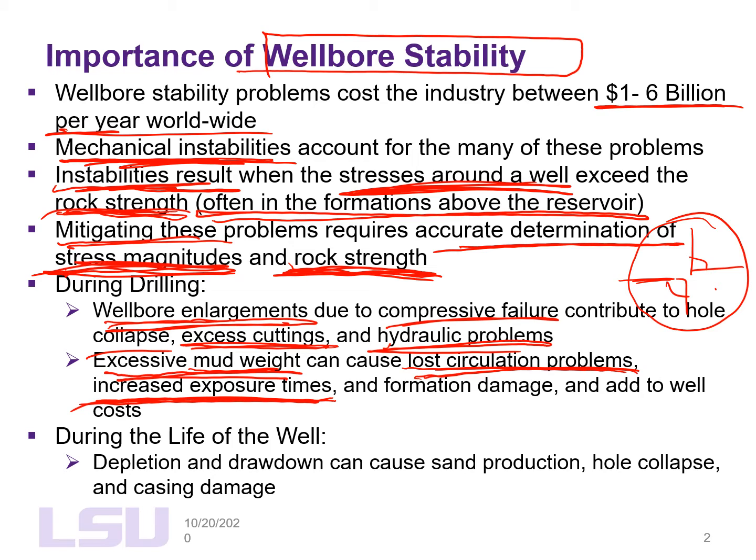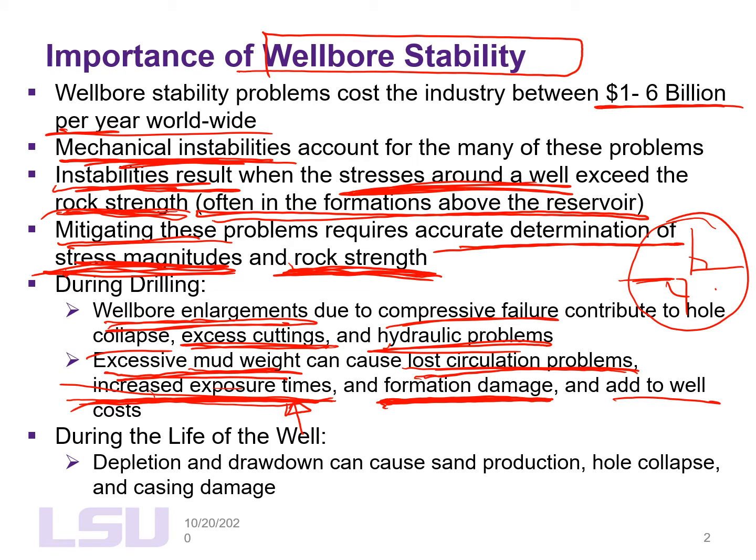Because the fluid keeps jetting against the formation while you are at the same depth, and the hole enlarges, and that could give you serious completions and drilling problems. When you have increased exposure times, the drilling fluid leaks into the formation, and that can lead to formation damage, right? Because it basically blocks the pores right by the well sand face, and that will reduce productivity when you eventually bring the well to production.